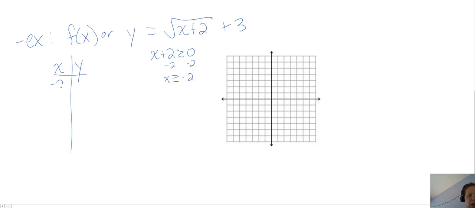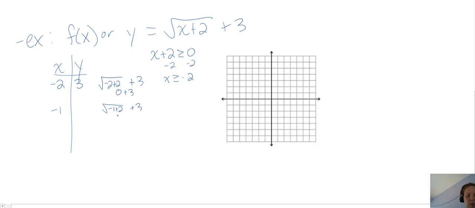So that is the first x I can plug in. So if I plug in negative 2 plus 2, and then I have my plus 3 on the outside, square root of 0 is 0, plus 3 is 3. The next one, let's try plugging in negative 1. Negative 1 plus 2, and then plus 3 on the outside.